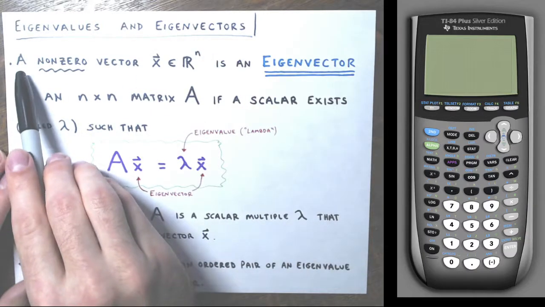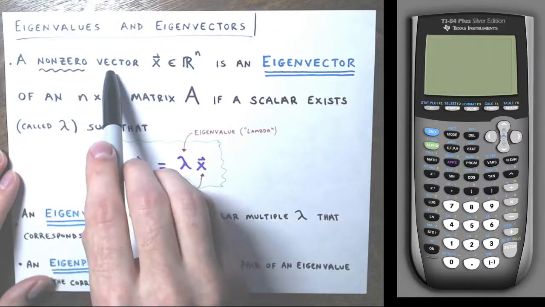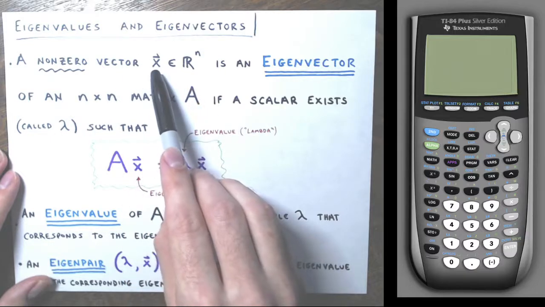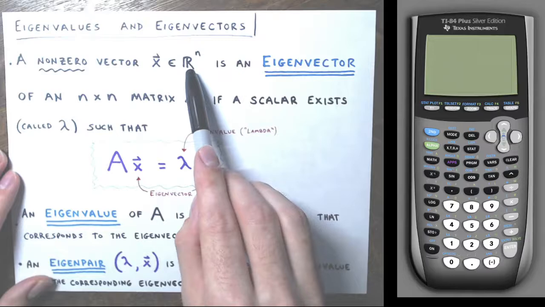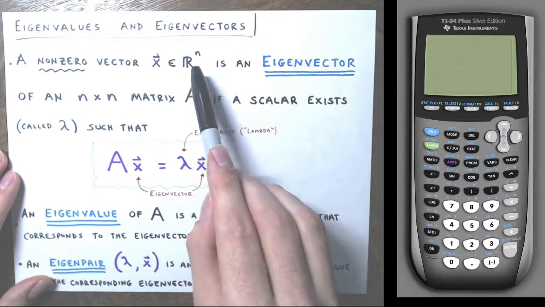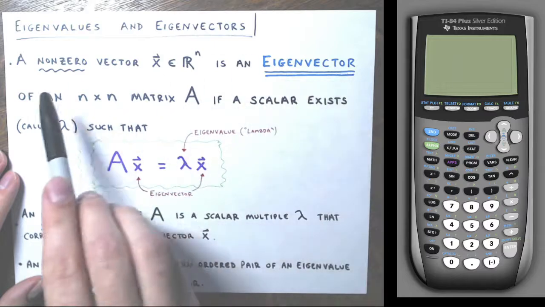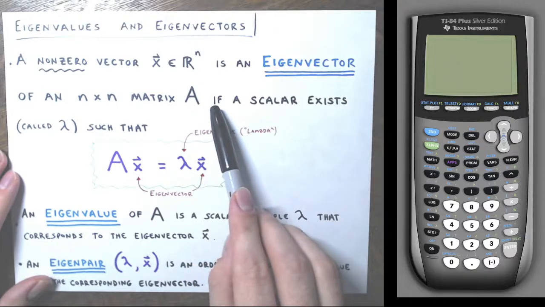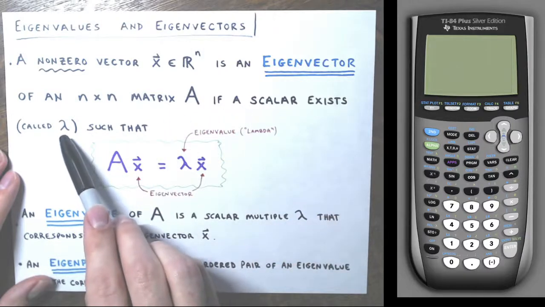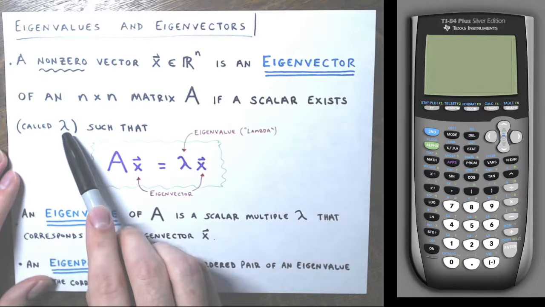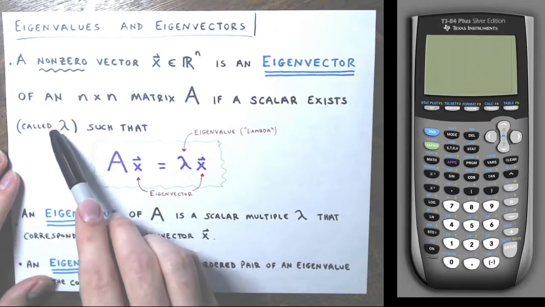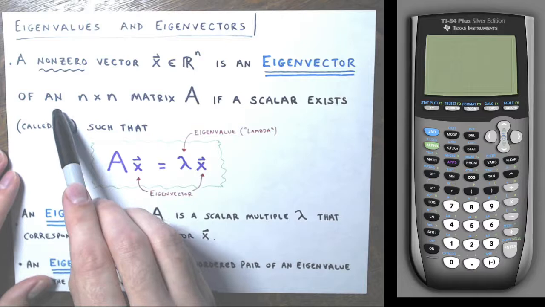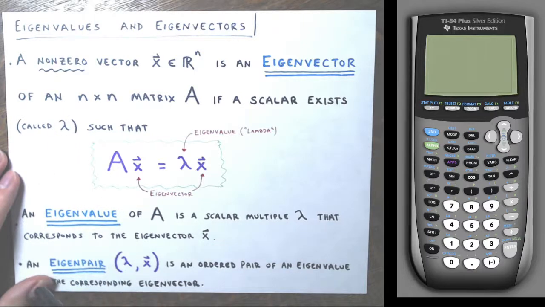Number one, a non-zero vector, say x, which is in Rn, so R2, R3, R4, some Euclidean space, is an eigenvector of an n by n square matrix A if a scalar called lambda, this is the Greek letter lambda, however you want to think about that.